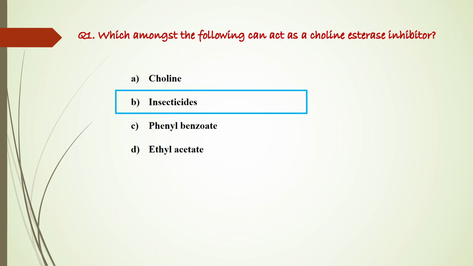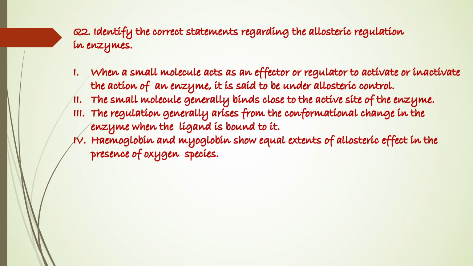Choline esterase is an enzyme, some kind of esterase, you can understand from the name. Insecticides inhibit the action of choline esterases.